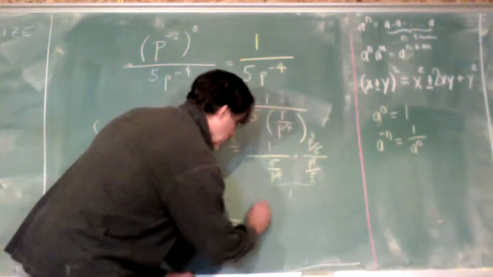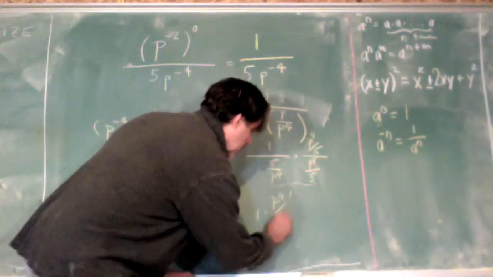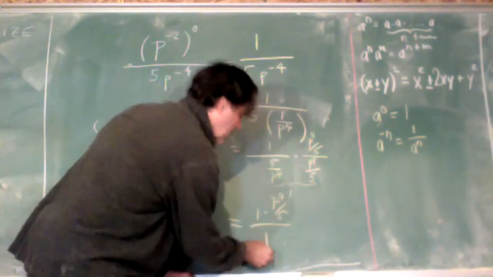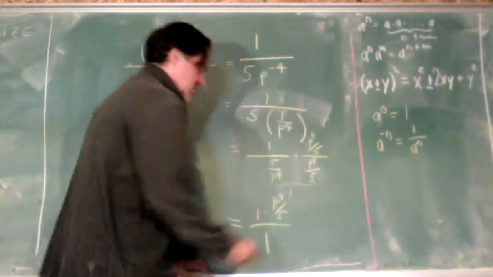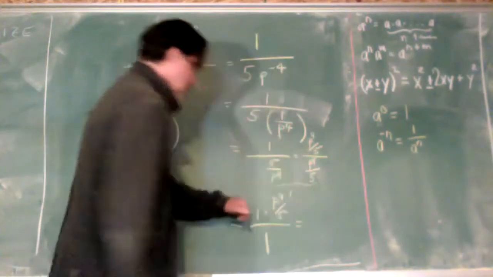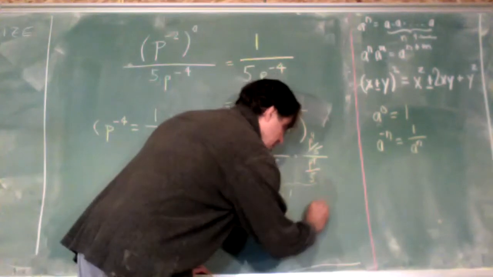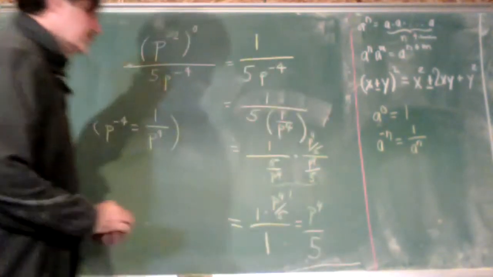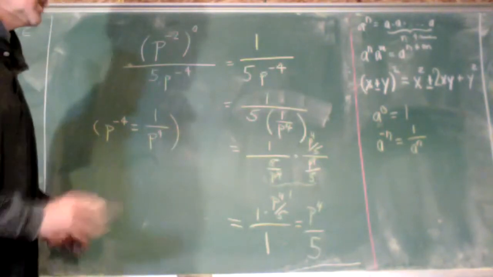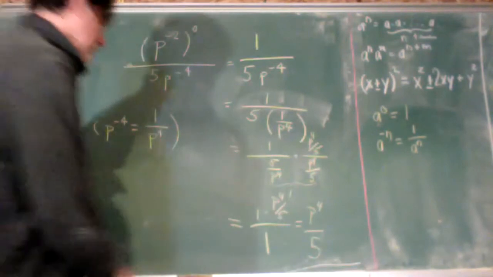We obtain 1 times p to the fourth over 5 over 1. Anything over 1, we disregard that denominator. 1 times anything is just itself. This reduces to p to the fourth over 5. I'm going to erase this and do it another way. Pause the video if you need more time.